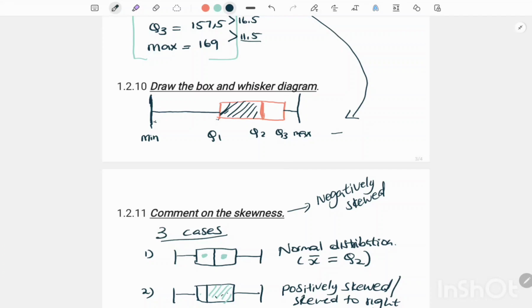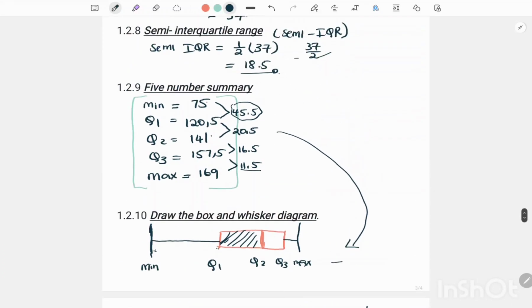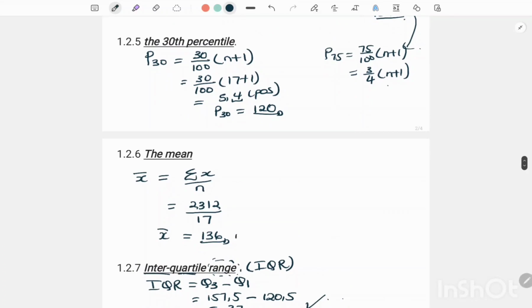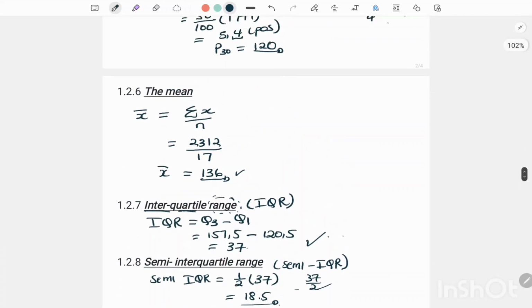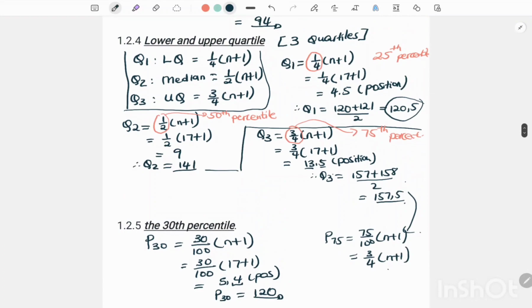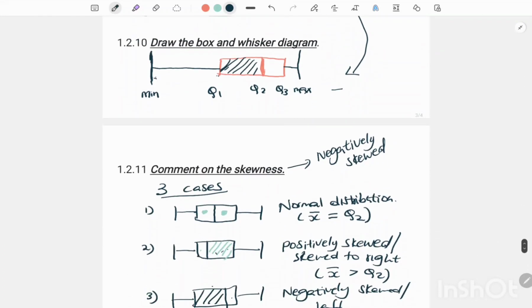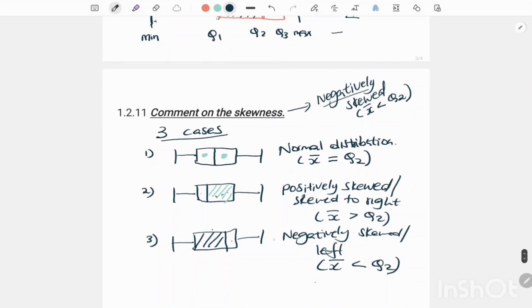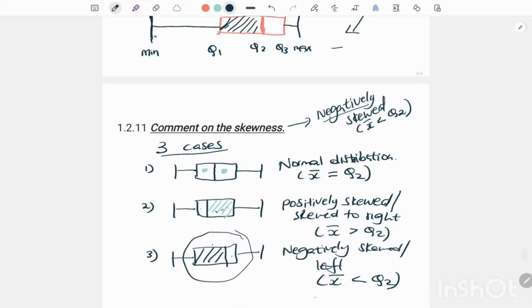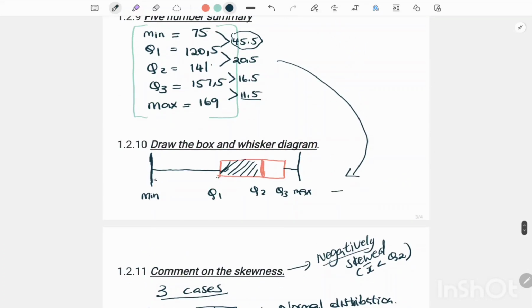Let's check our mean and the median. Our mean is 136. Our median is 141. Do you see something? So here, our mean is smaller than the median. You write this negatively skewed, then the reason, mean smaller than the median. It is true. When the mean is smaller than the median, we have a negatively skewed box and whisker.